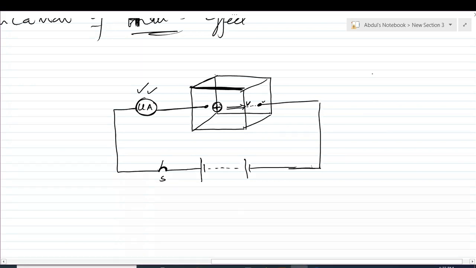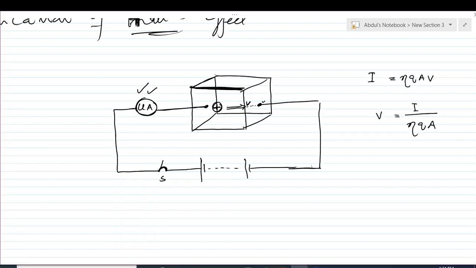So drift speed, from the formula, we can write I is equal to nQAv. So the drift speed is equal to I divided by nQA. This is the drift speed. I is the current.